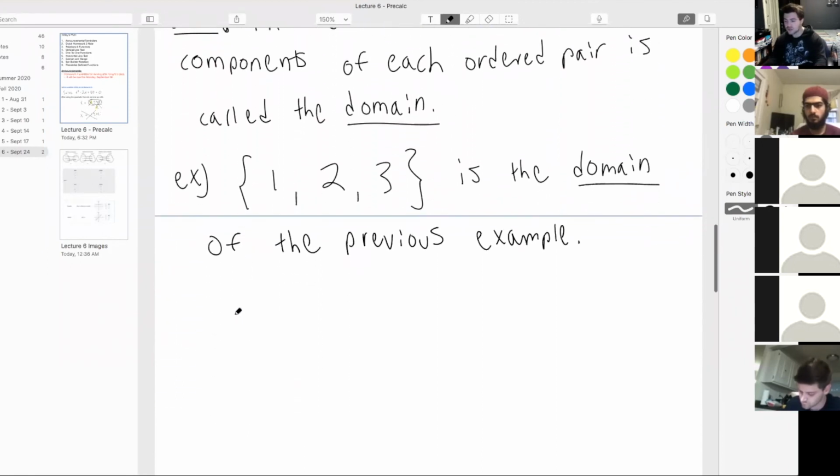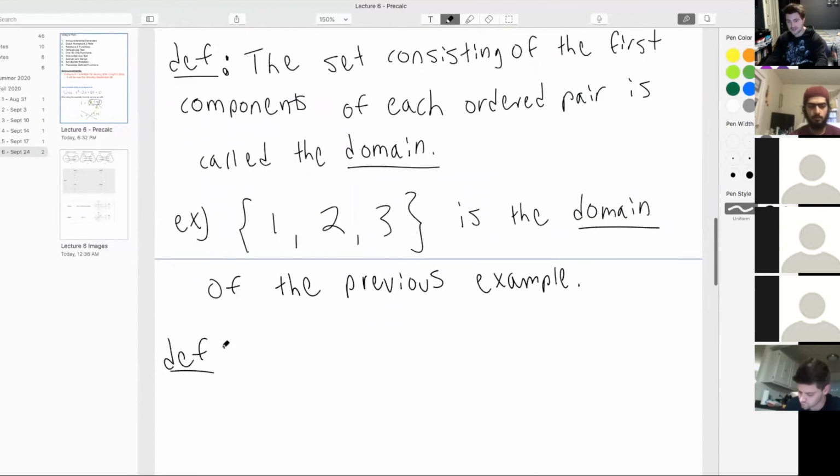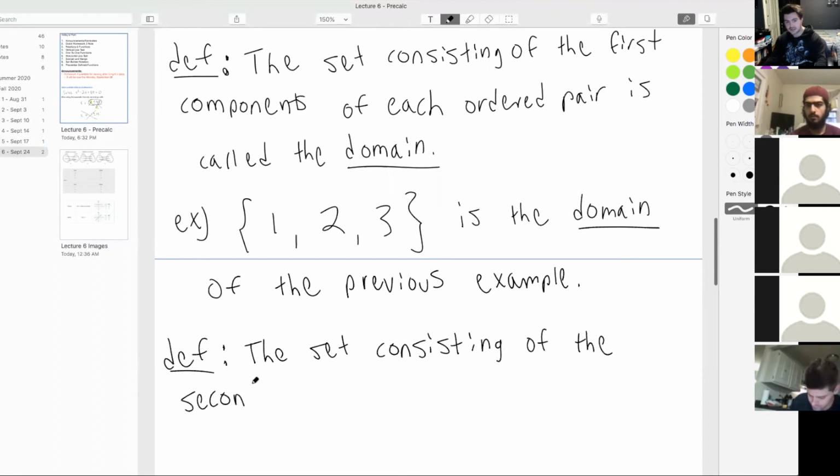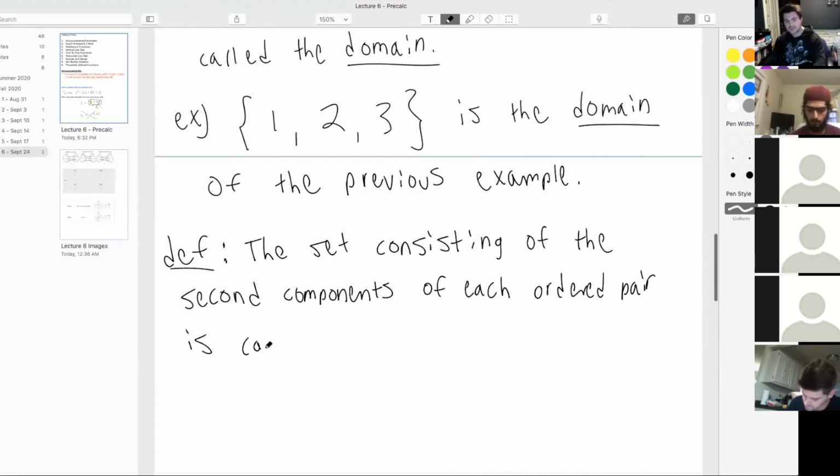We also have a name for the second component of each ordered pair. So the set consisting of the second components of each ordered pair is called the range.